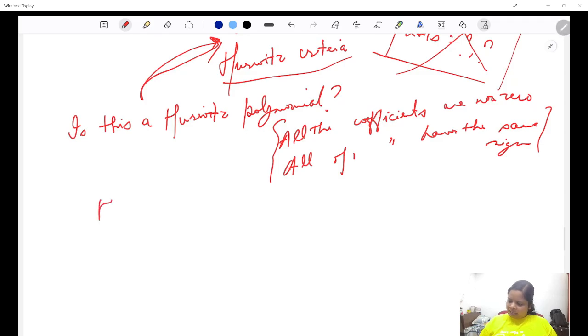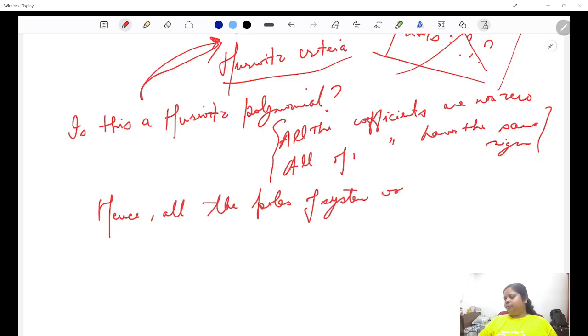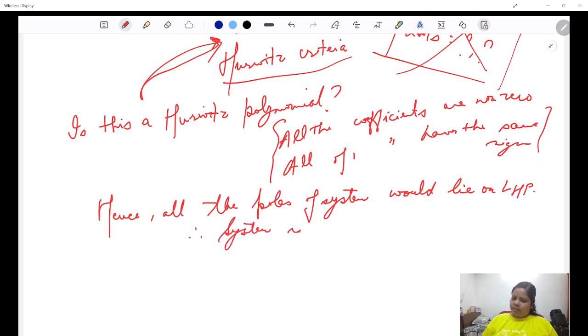So from here we can say all the poles of the system would lie on the LHP. Therefore, the system is stable. Okay.